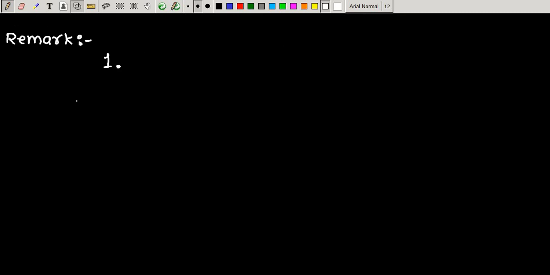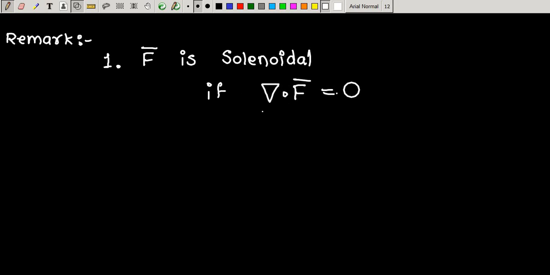There are some remarks regarding the divergence. First one is that a vector field f bar is said to be solenoidal if the value of divergence is equal to 0. A solenoidal field means the field which has no sources or sinks for the given vector field.